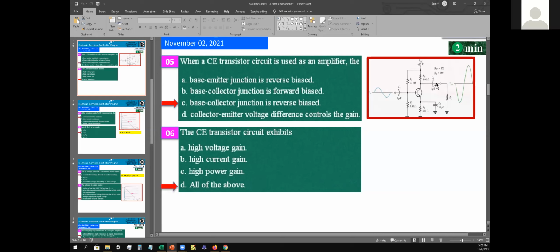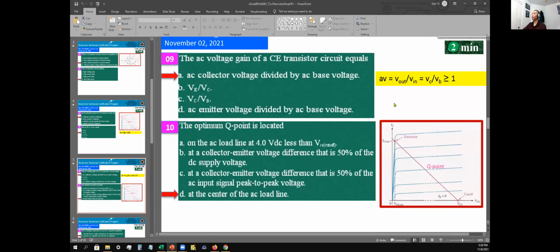I guess I got tricked up on the size of the letters. Right. Because you can easily interpret it as VC over VB. Right, because if you look at B here, it looks almost the same size as the letter C, so it must be a capital letter. And anything that deals with capital letters deals with DC voltage.